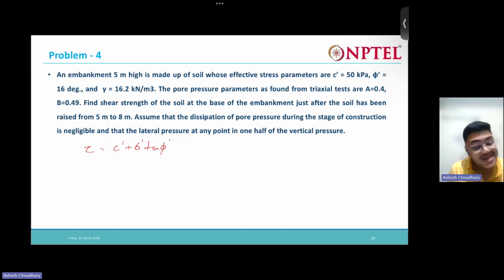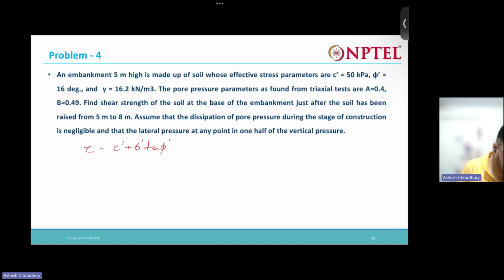So we need to consider the effect of pore water pressure, and we are going to deduct it from the total stress to get the effective stress and then finally calculate the shear strength, because the shear strength is actually a property of the effective stress parameters. All these things we have discussed previously, right? Why shear strength is a property of effective stress, you should know that.